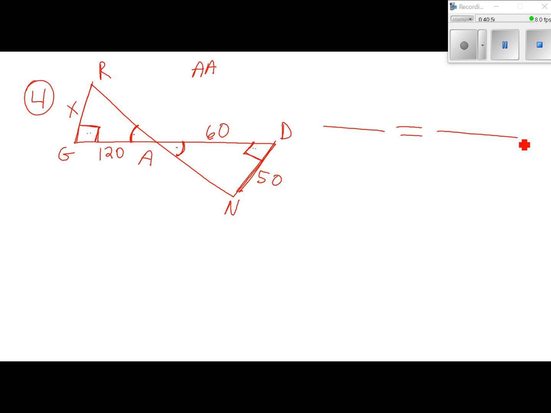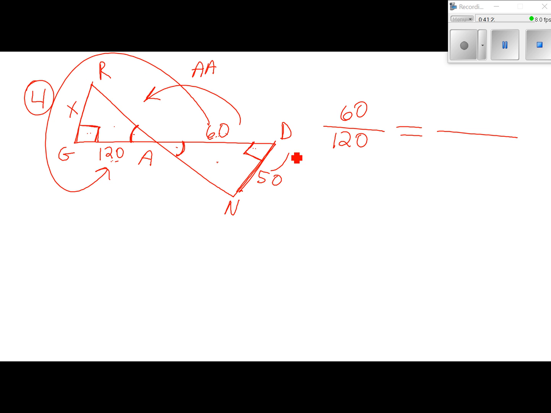Make sure you realize that to get this triangle to match up to this one, you're going to have to spin it around, rotate it around. And if I do that, the 120 over here and the 60 are going to match up. So I'm going to start with this side, and I'm going to go 60, matches up to 120. So the 60 matches up to 120 because it's going to rotate all the way around to here.